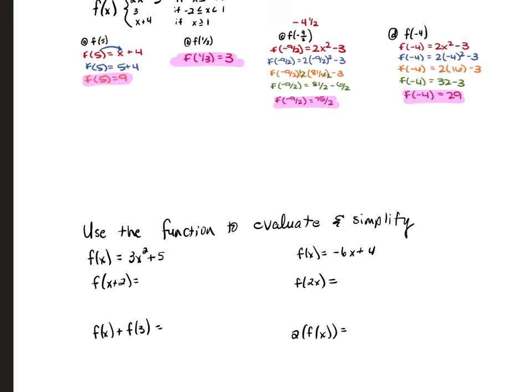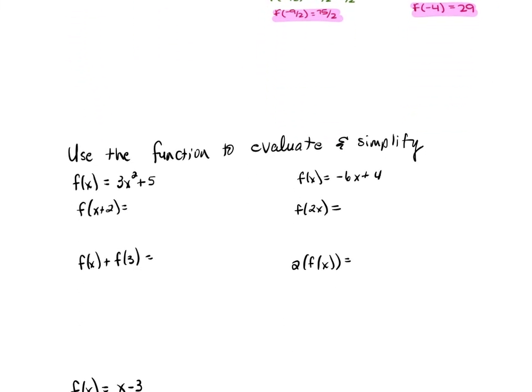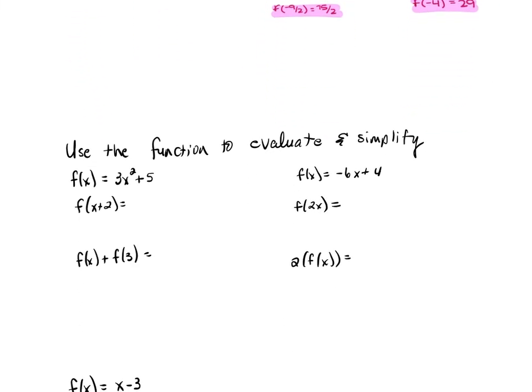For your next part, you are using the function to evaluate and simplify. When you're doing this, it depends on what's in the parentheses. So if you look at the first example, we have f of x is equal to 3x squared plus 5. You're doing first f of x plus 2. So you're going to literally replace the x with the x plus 2 and then simplify.